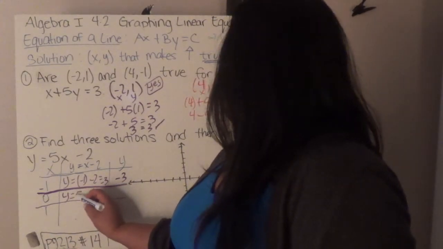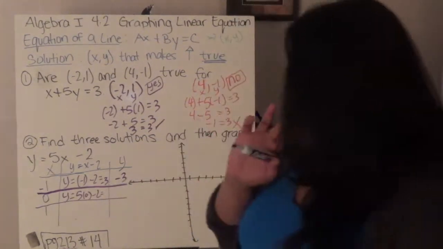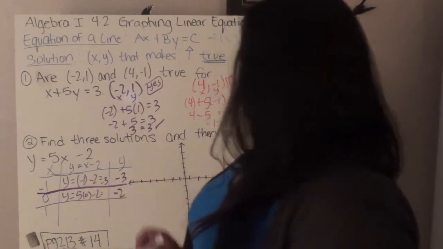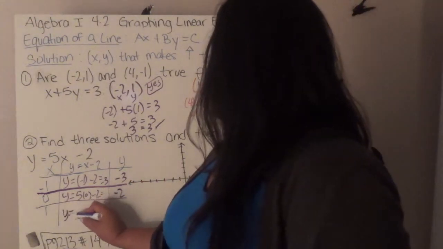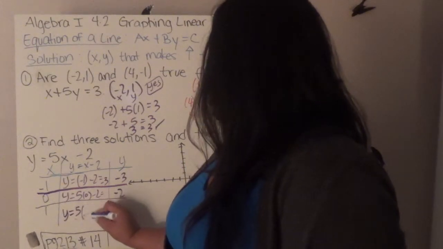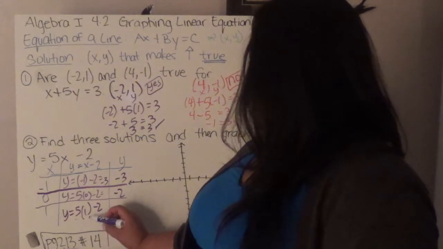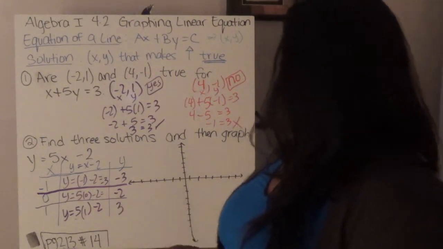Y equals 5 times 0 minus 2. Well, 5 times 0 is 0, minus 2 gives me negative 2. And my last number: y equals 5 times 1 minus 2. Well, 5 times 1 is 5, minus 2 is 3.